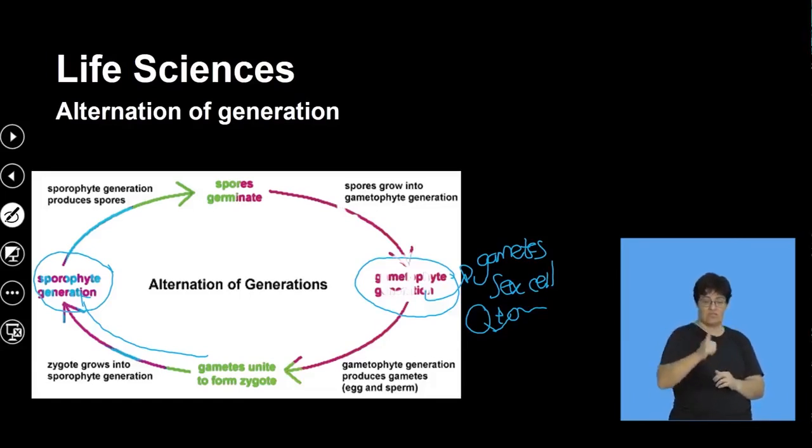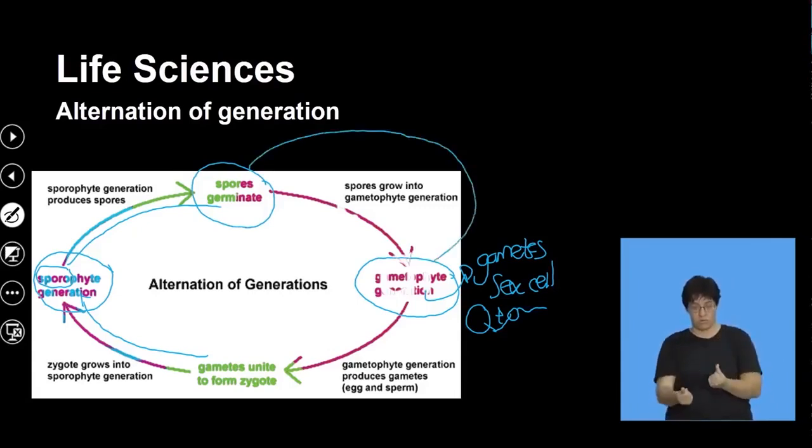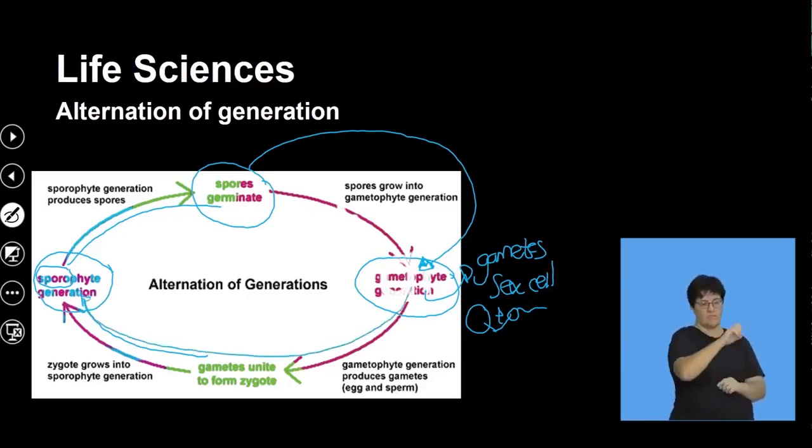And what does a sporophyte generation do? That is the generation that makes spores or seeds. Those seeds fall to the ground, and what do they give rise to? A gametophyte generation. The gametophyte has gametes, the gametes fuse, and we have a sporophyte.